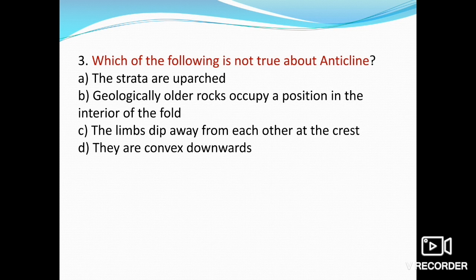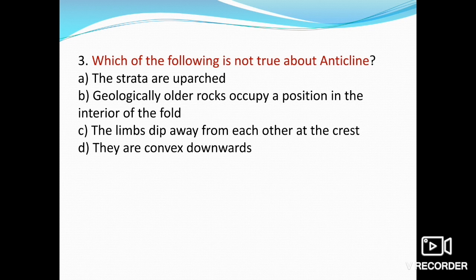First one is the strata are up arced, okay. Second is geologically older rocks occupy a position in the interior of the fold. Third one is the limbs dip away from each other at the crest, and last one is they are convex downwards, okay.